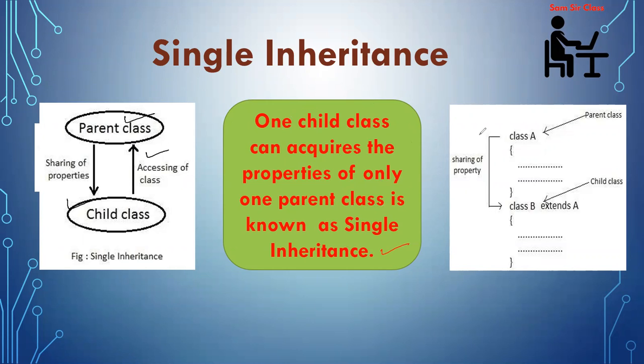If you represent it diagrammatically through syntax, you define one parent class, and all the properties you define are shared with the child class because of the extends keyword. We have also seen this through the example. If anybody has any doubt regarding single inheritance, you can refer to the video a number of times and understand through the example.